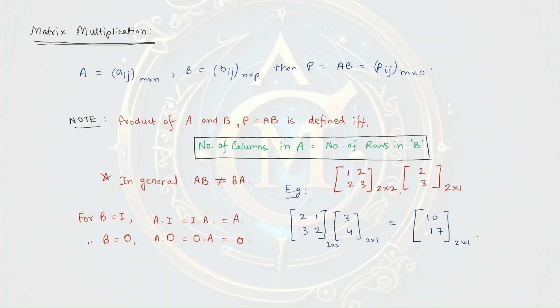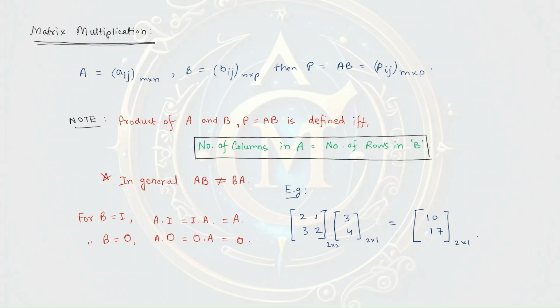Then this matrix product is defined. But when we reverse the order of the multiplication, that means 2, 3 here with size 2 by 1, and then 1, 2, 2, 3 with size 2 by 2, then this multiplication is not defined because here is 1 and here is 2. So AB is defined, that doesn't mean that BA should also be defined. You need to keep it in your mind.